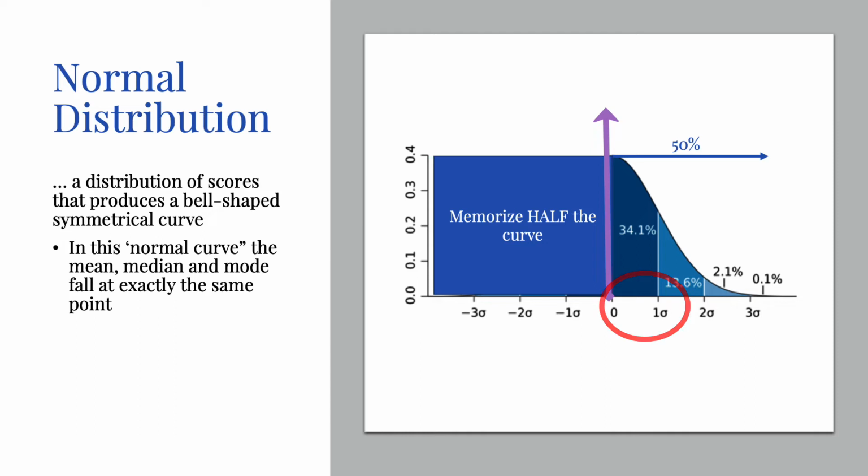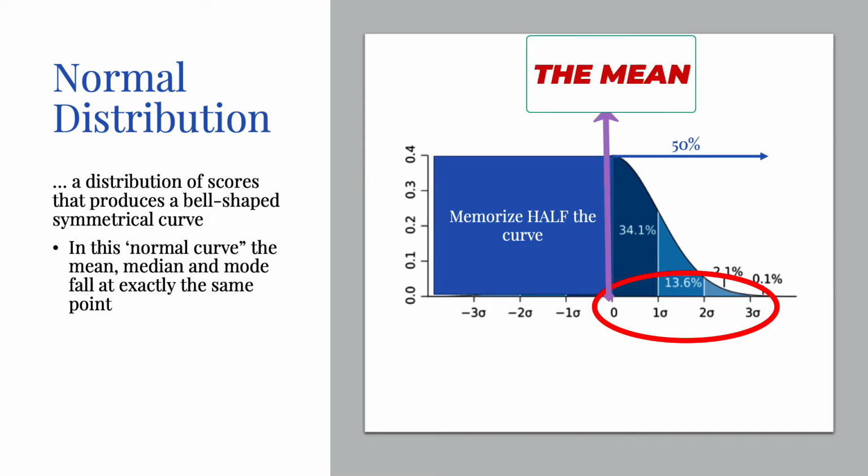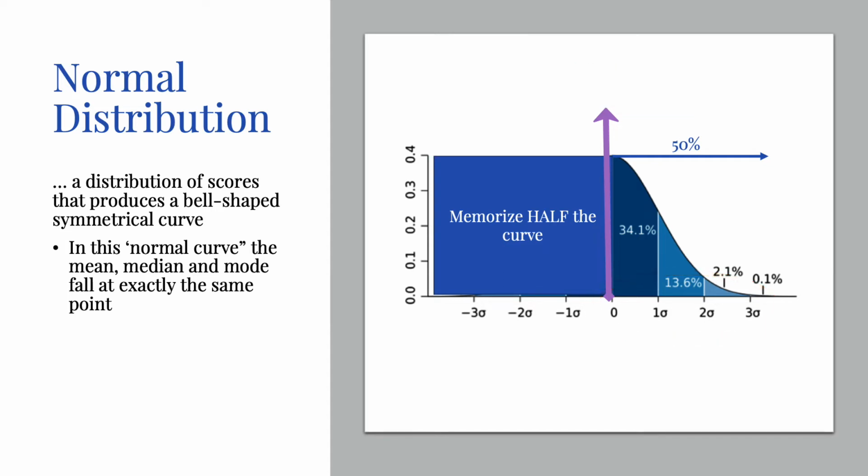The next one is 2 standard deviations. The next one here is 3 standard deviations away from the mean. The mean, the median, and the mode are all in the center, and you're always going up and down the normal curve.